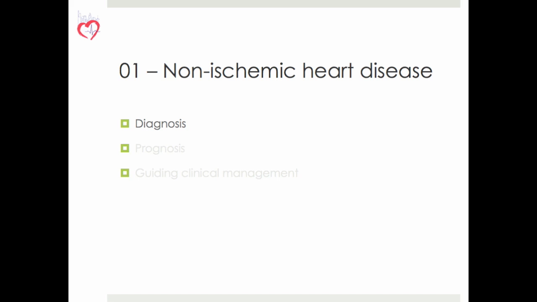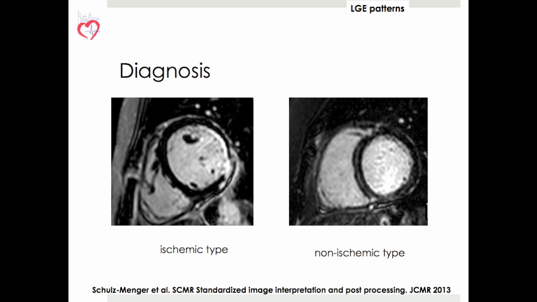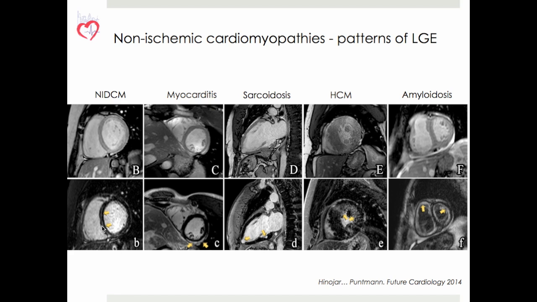Whereas primarily not intended, late gadolinium enhancement can be also helpful in recognition of non-ischemic heart disease based on late gadolinium enhancement patterns, including mid-wall stria in dilated cardiomyopathy, epicardial late gadolinium enhancement in convalescent myocarditis, intramyocardial patches of granulomas in sarcoidosis, intramyocardial diffuse late gadolinium enhancement in hypertrophic cardiomyopathy, and pathognomonic appearance of late gadolinium enhancement in cardiac amyloidosis with black blood against black myocardium.